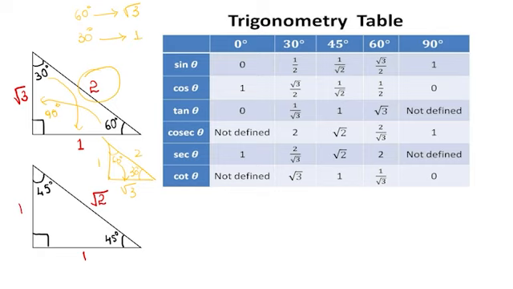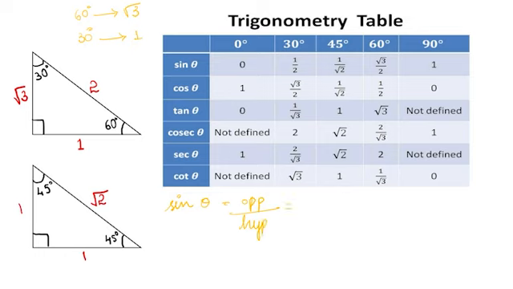Now how do you use it? You know the sine theta definition: sine theta is opposite by hypotenuse. Let us consider this theta as 30 degree. Now what is sine 30? The 30 degree angle is here, and 30's opposite side is this one.